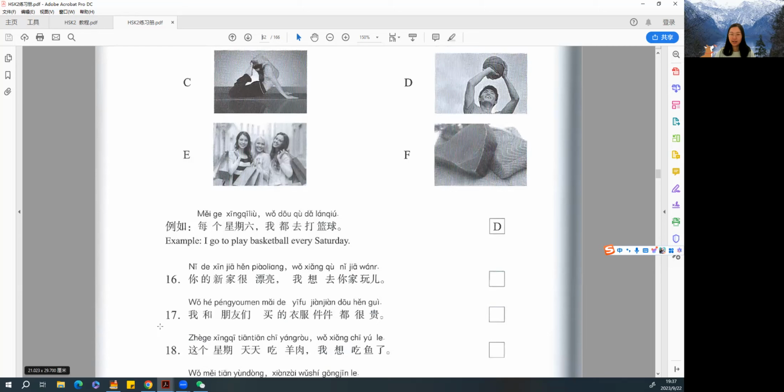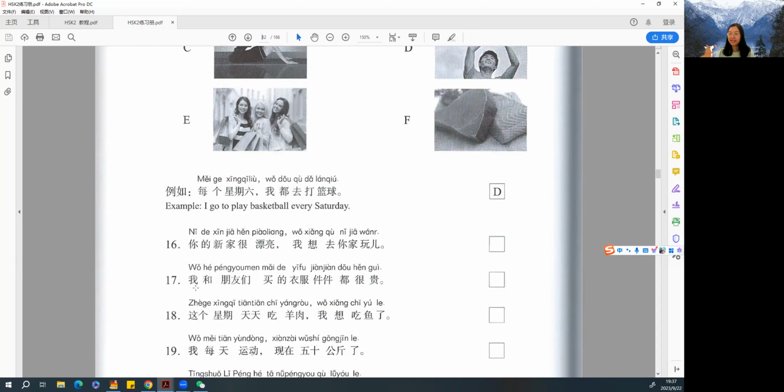And then let's take a look at exercise 17. 我和朋友们买的衣服件件都很贵。All right, let's take a look part by part. 我 is I, right?